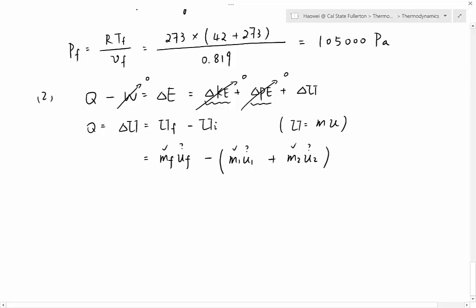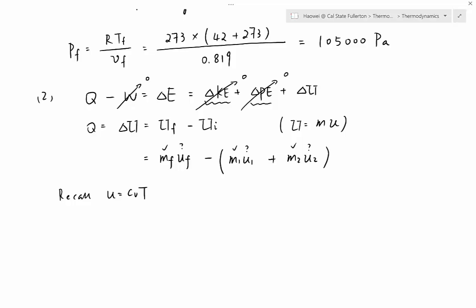Okay, like we said earlier in this class, you can either go to the tables to look for U, or if you have ideal gas, you can use the equation, which is U is equal to CV times T. You can use this equation to calculate specific internal energy, lowercase u, if CV is a constant, and CV is a constant because the problem said so.